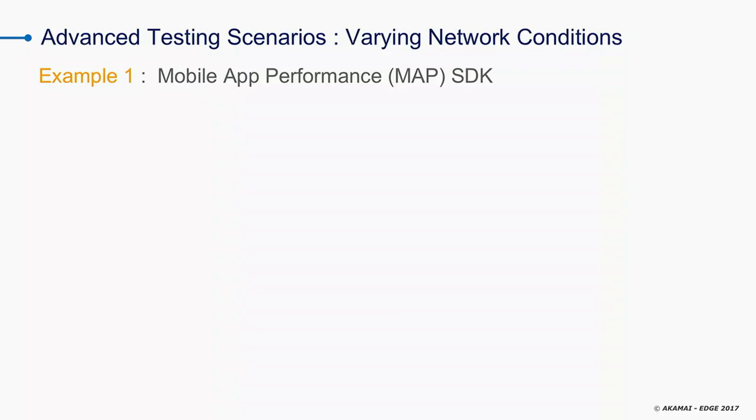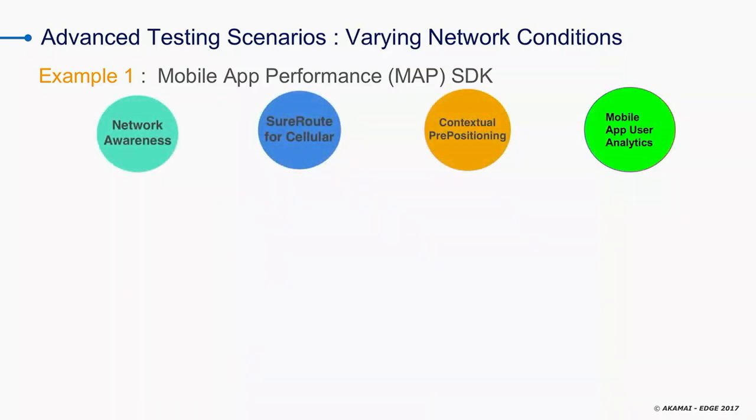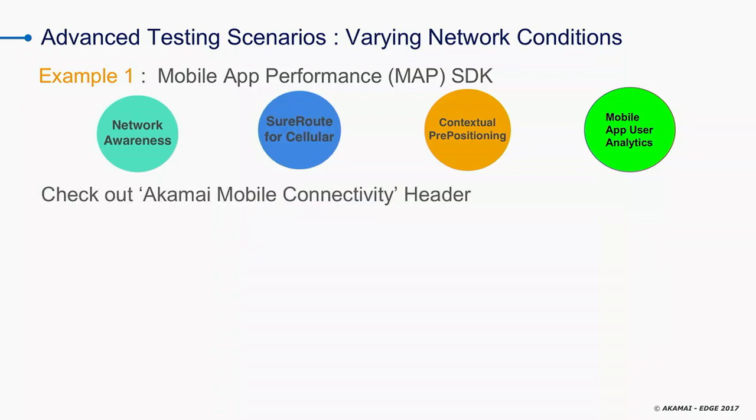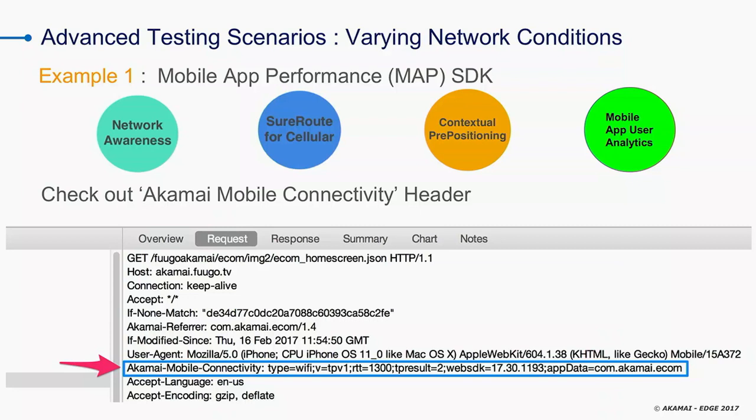Next, we'll talk about another feature which is extremely important given the varying network conditions, and that is the mobile app performance and MAP SDK. You might be hearing this a lot from the past 2-3 days. This has some really good features, which are extremely important for mobile apps. This particular SDK is available for Android and iOS. But how do you know that the integration of the SDK is successful? To check that, you have to check out this particular header, the Akamai mobile connectivity.